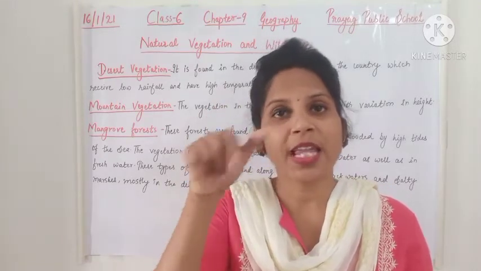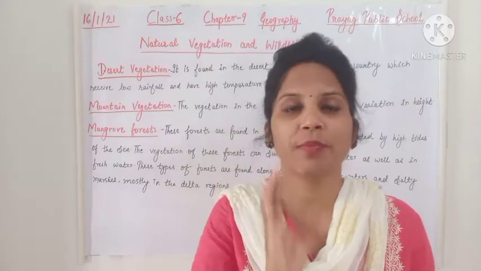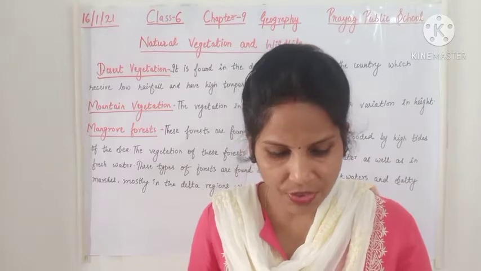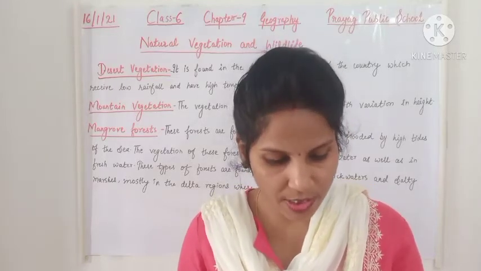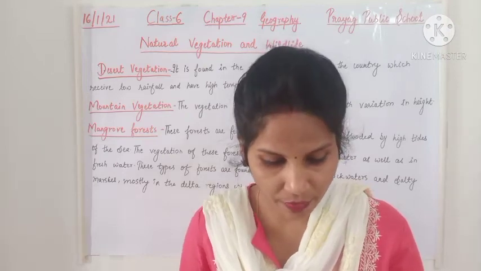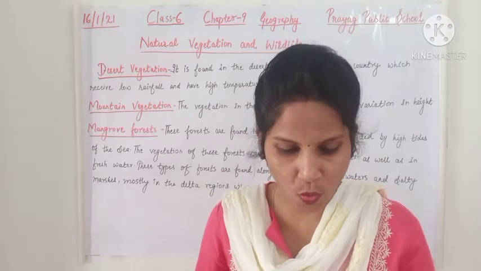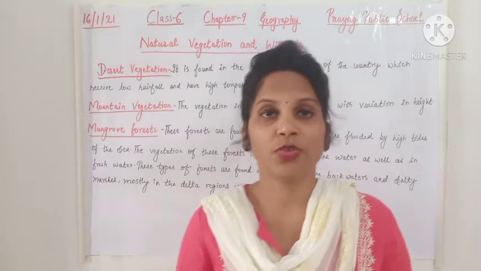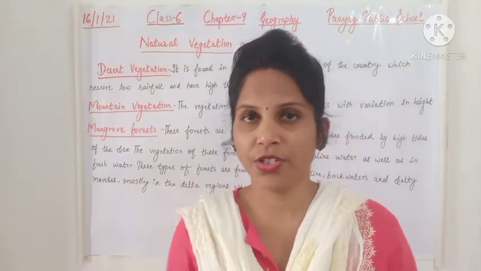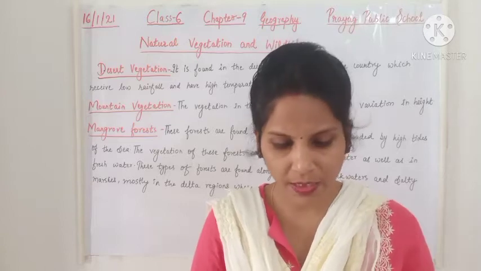Because their shape is like cone shaped. उनका cone की shape में होता है. That's why they are called as coniferous forest. The main trees of the mountainous types of forest are pine, kedar, then silver, fir, deodar, spruce, oak, chestnut and cher. So these coniferous trees are found in the mountainous regions or the mountain parts of the India.